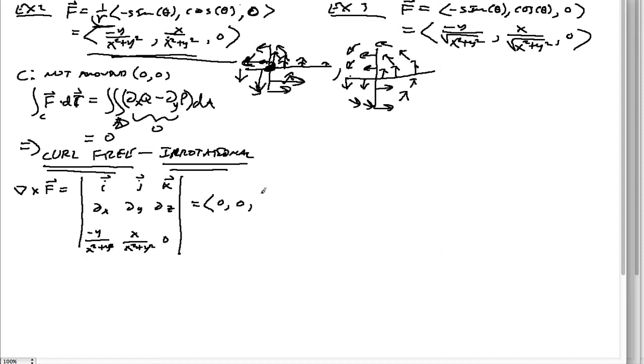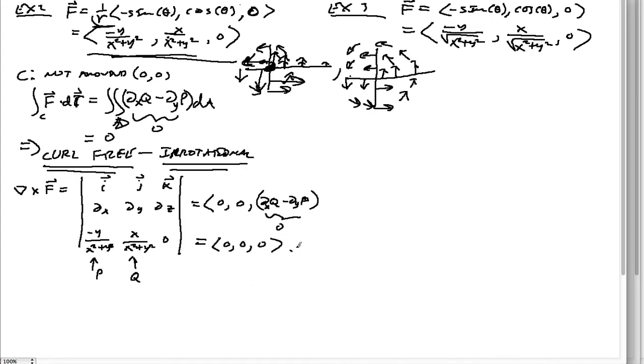And that just left the last component, which again, remember this right here was P and that was Q, and the last component of the curl is always partial with respect to x of Q minus partial with respect to y of P. And we verified from before that that was 0. So indeed we have 0, 0, and 0.